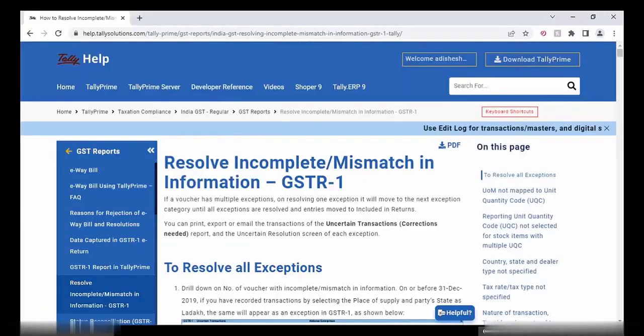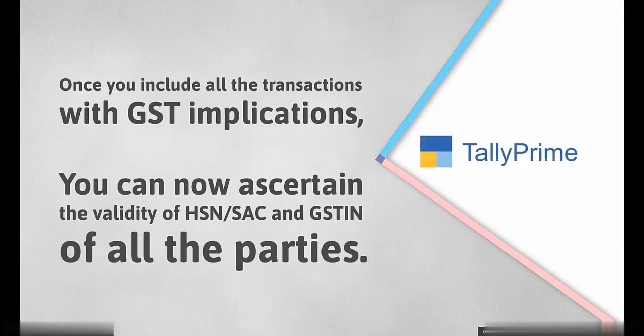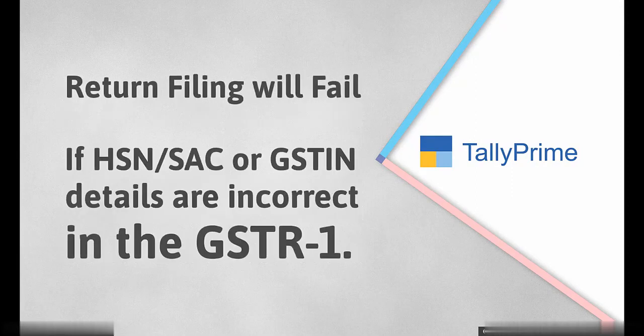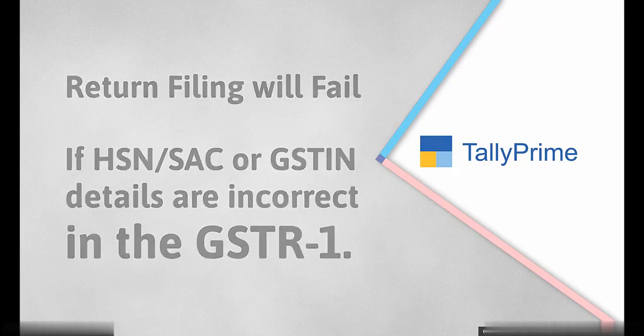You can check Tally Help for more information on resolving these exceptions. After including all the transactions with GST implications, you can now ascertain the validity of HSN SAC and GSTIN of all the parties. Return filing will fail if HSN, SAC or GSTIN details are incorrect in the GSTR1.